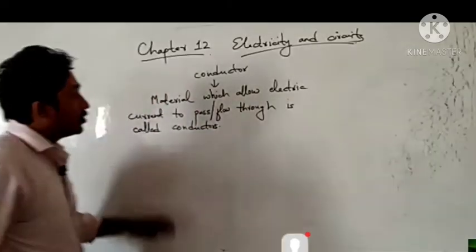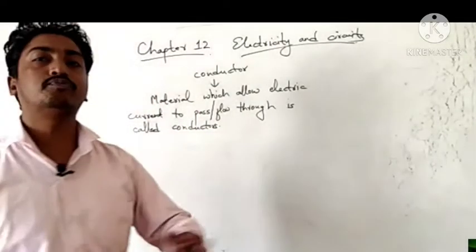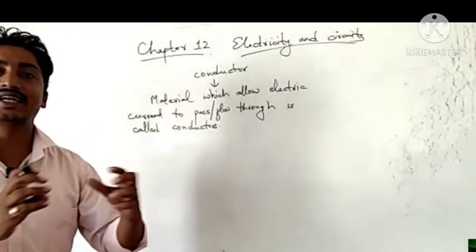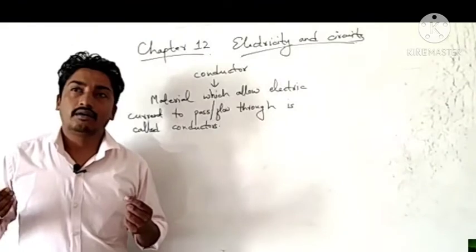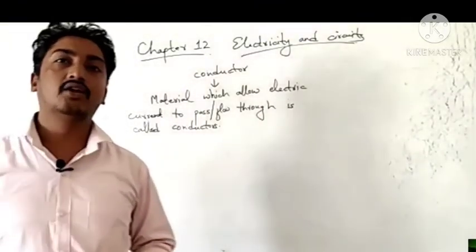That means the material which allows electricity to pass through it, that means it acts as a medium. Okay, it can be copper also, it can be iron also.